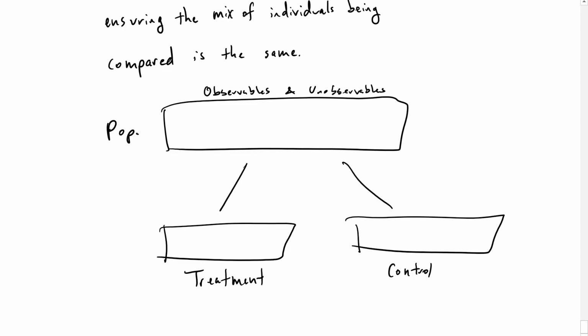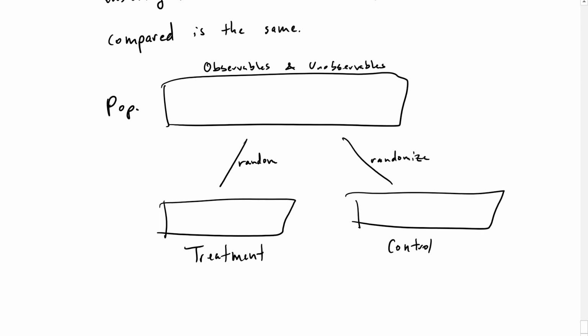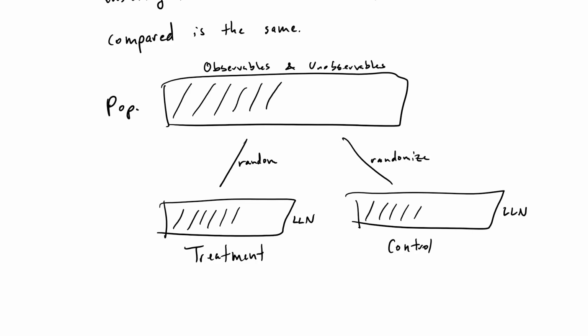if these two groups are truly random, so we randomize who gets the treatment, we randomize who gets the control, and again, as long as these groups are large enough from the law of large numbers, we're going to have groups in both the treatment and the control. So all of these little random things are just different characteristics.